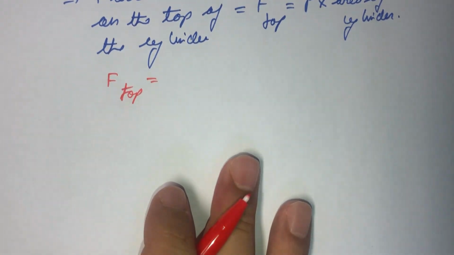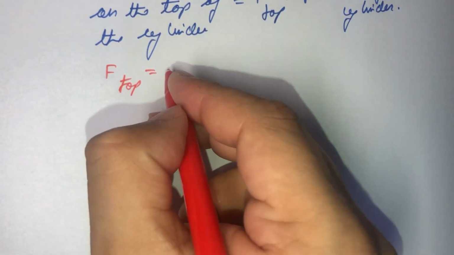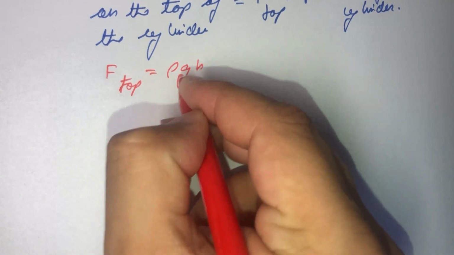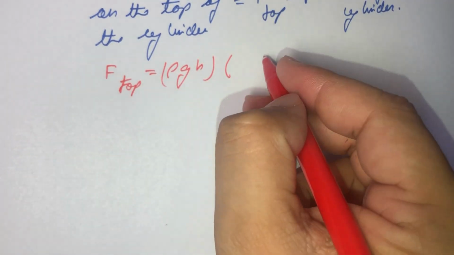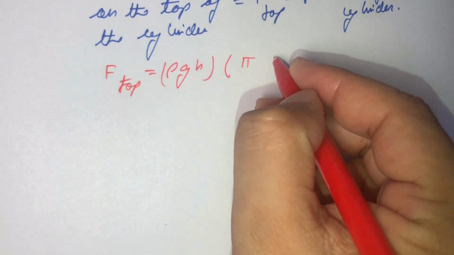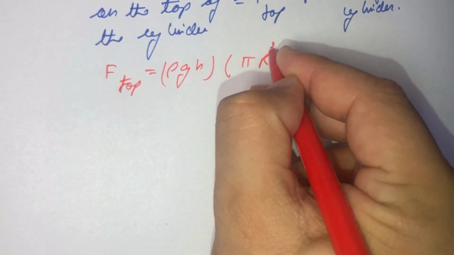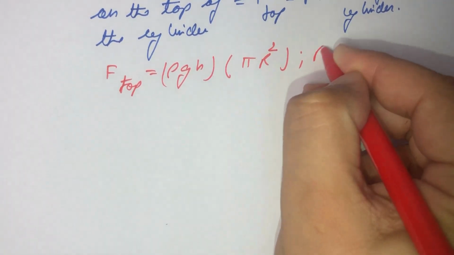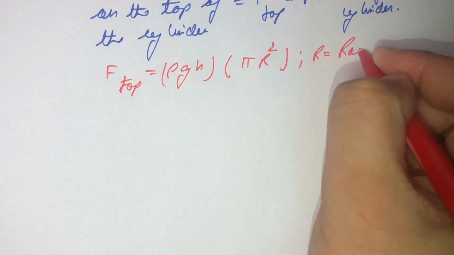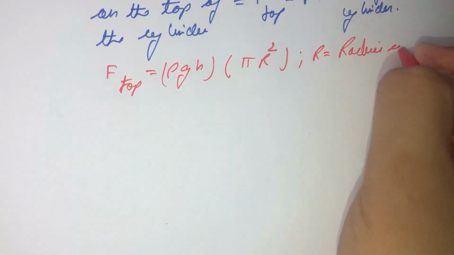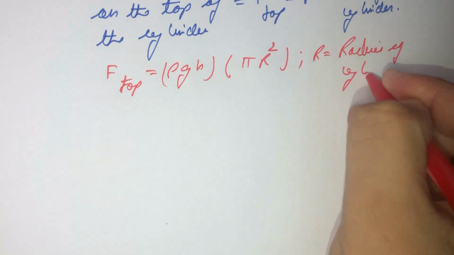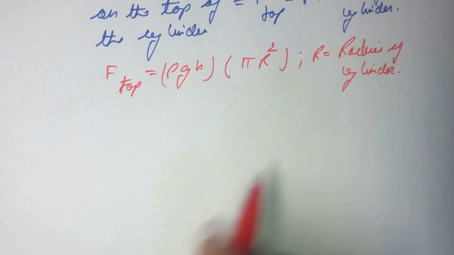So we can say F top is equal to rho g h multiplied by the area of the cylinder, pi R square, where R is the radius of the cylinder.